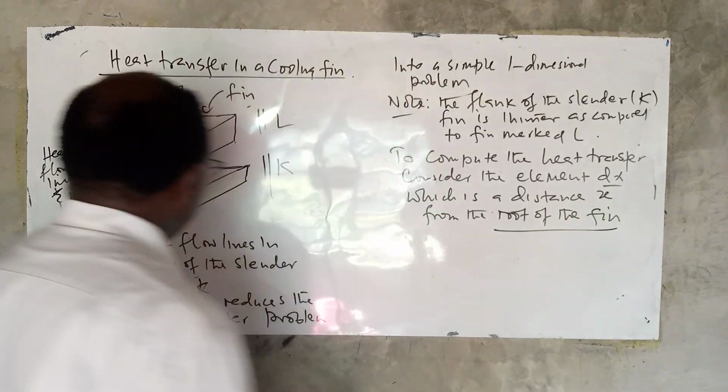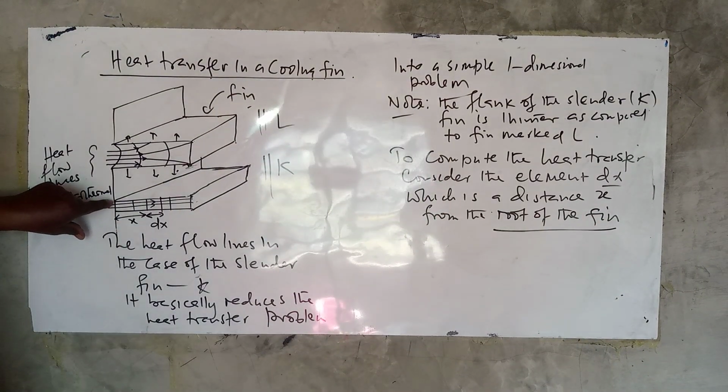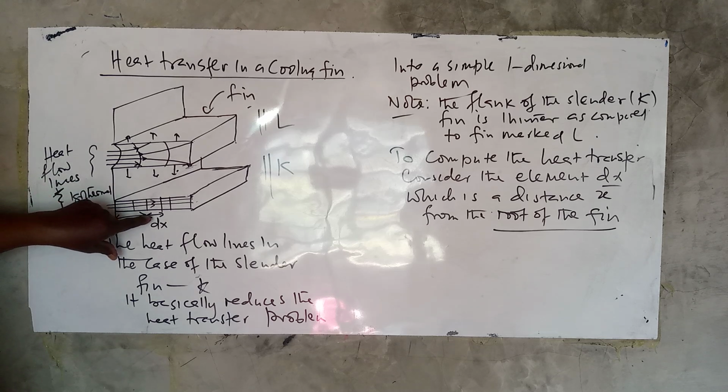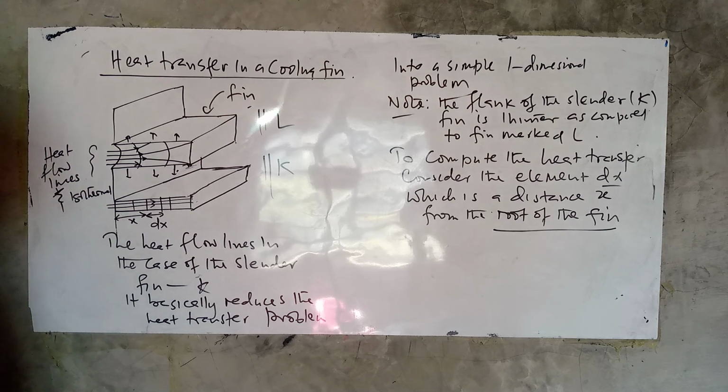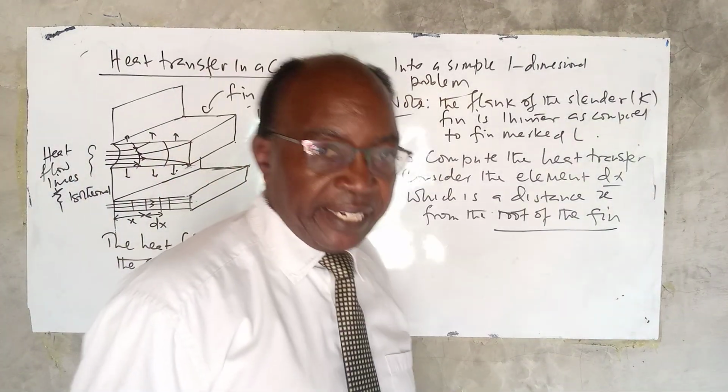When I'm talking about the root, I'm talking about this particular point. So this element here, dx, is the distance x from the root of the fin.